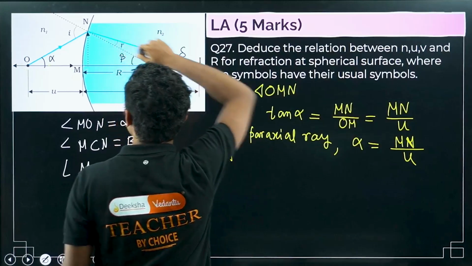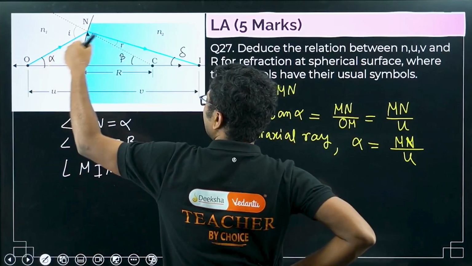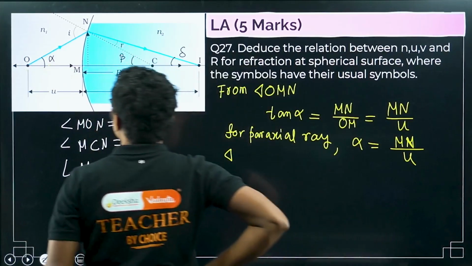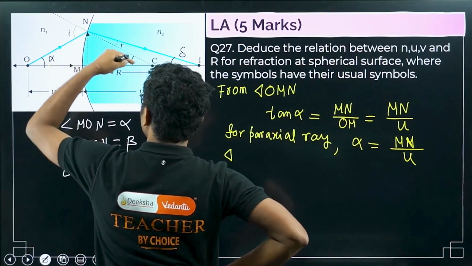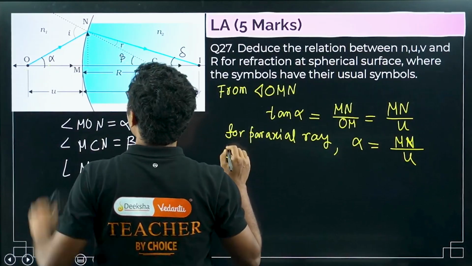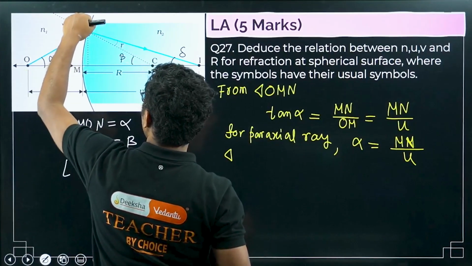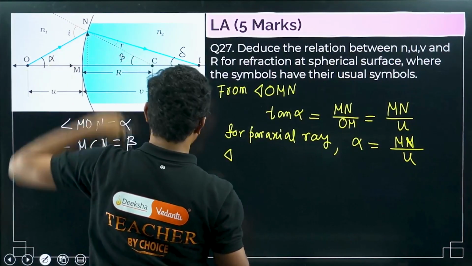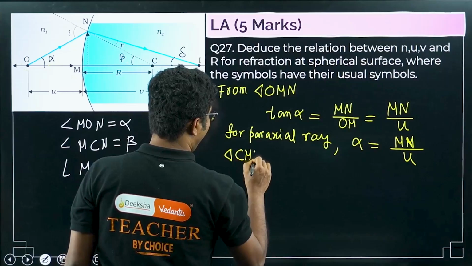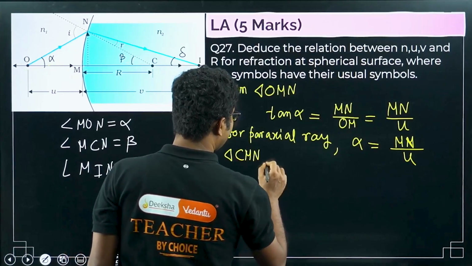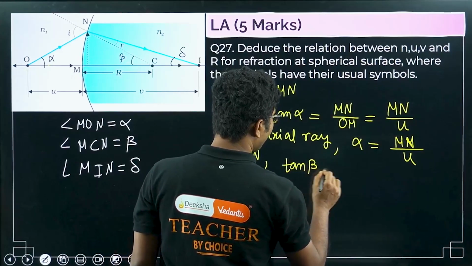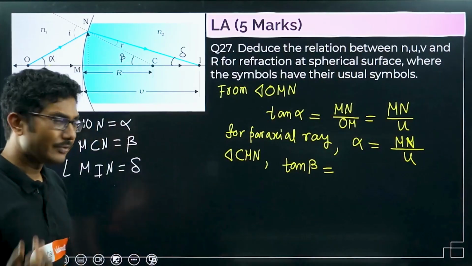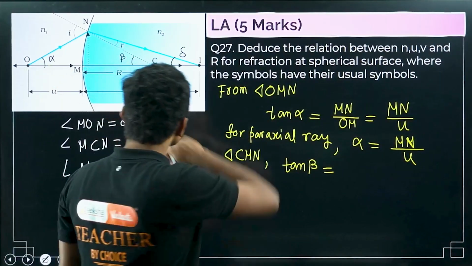Okay, now again we will use the triangle. The first, alpha triangle, is done, next is the beta triangle, right? What is the beta triangle? Beta triangle is CMN. In this case tan beta. First of all we will find all the angles, then we will see how we can relate them.